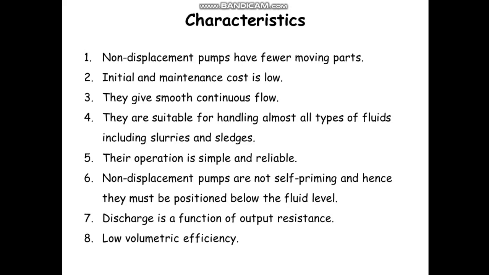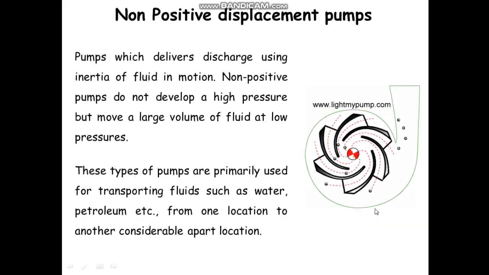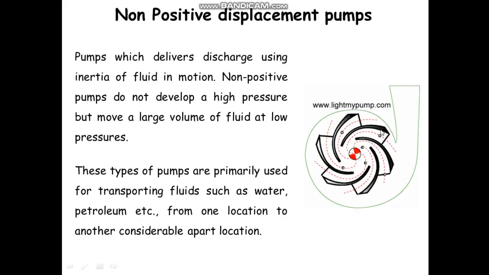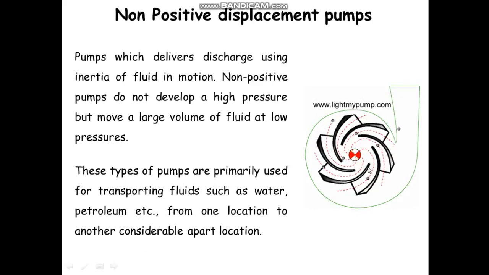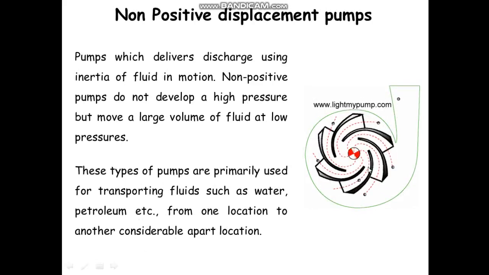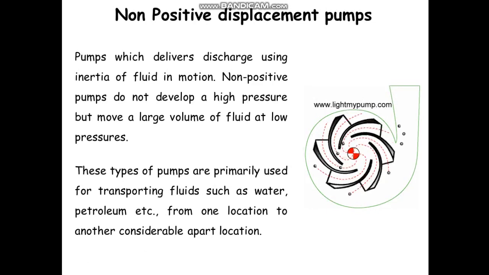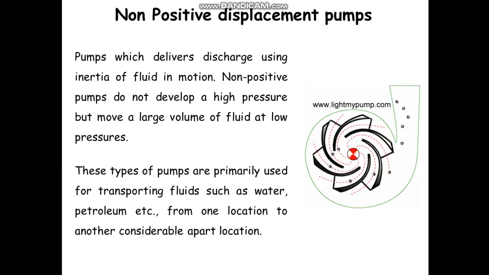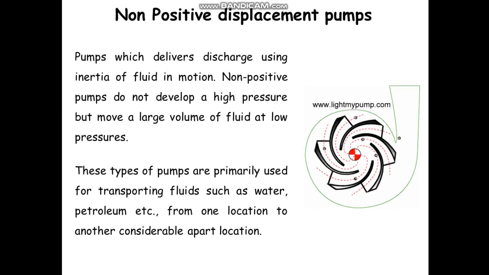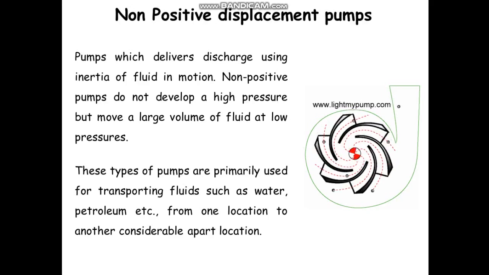They are not self-priming, and thus priming is required on the pump. As we already know, to start the pumping action we need to create a vacuum, and vacuum is nothing but a space where nothing is present, not even air.